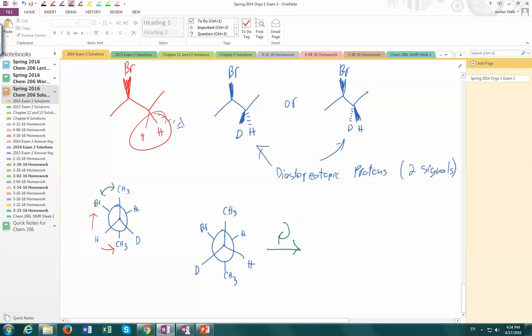So when we put our proton between our methyl and our bromine, what has happened to that other methyl? Now it's next to it. Yeah, now it's no longer next to the bromine.